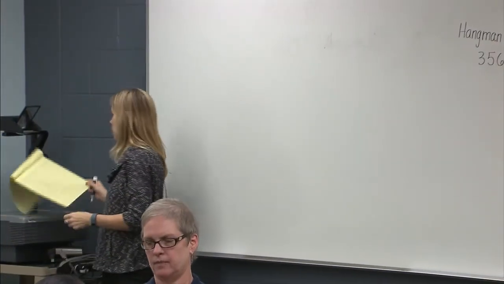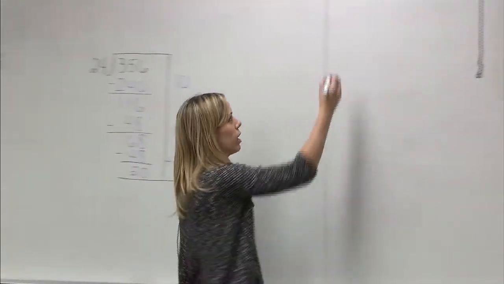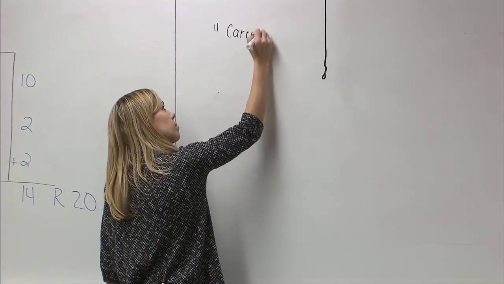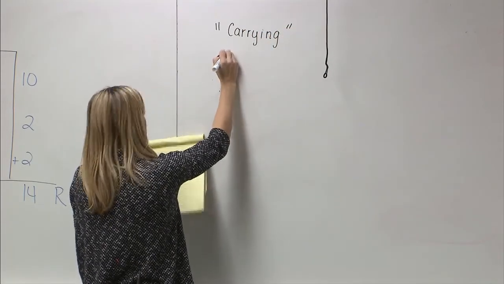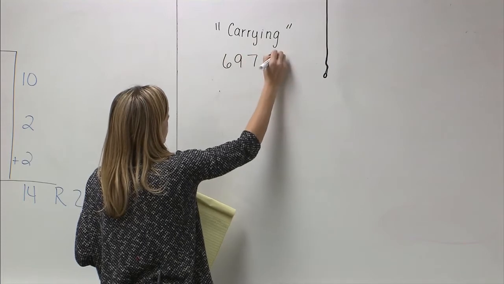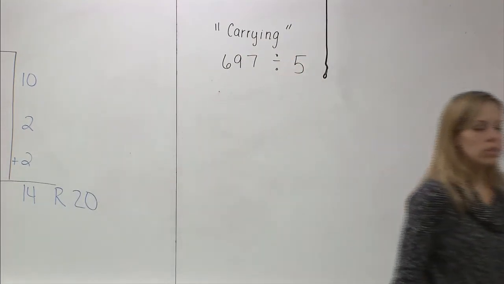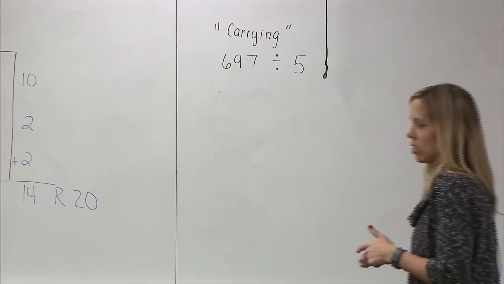So the other one is what's commonly referred to as carrying. And so we're going to look at 697 divided by 5. So what you'll notice about this one is it's not very different than what we do for long division.